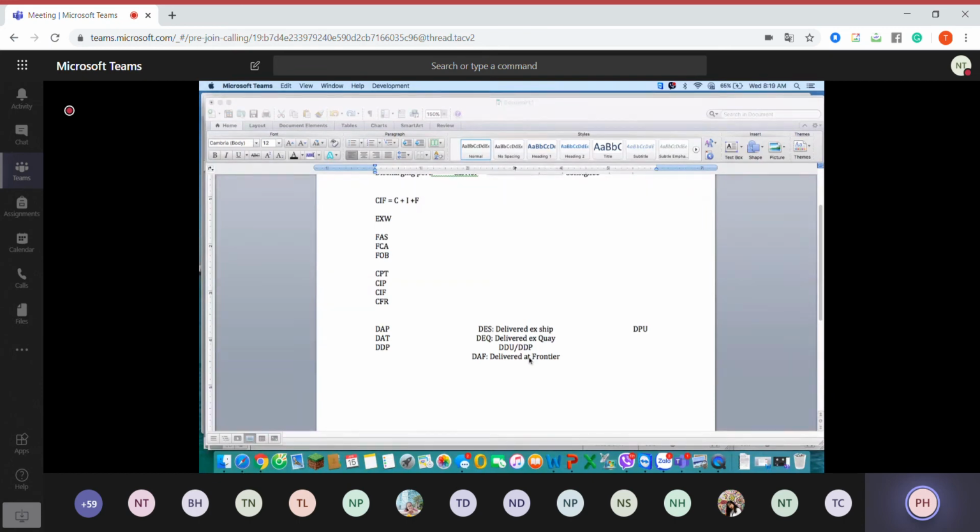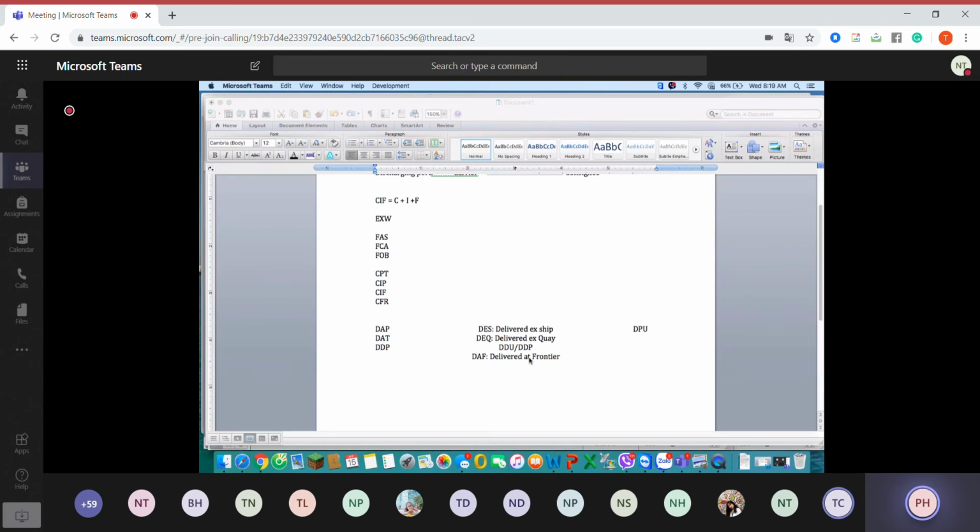The reason is, in reality, when we consider the frontier between two countries, we have two cases. The first case is if the two countries have a common border, like between Vietnam and China, Vietnam and Laos, or Vietnam and Cambodia.